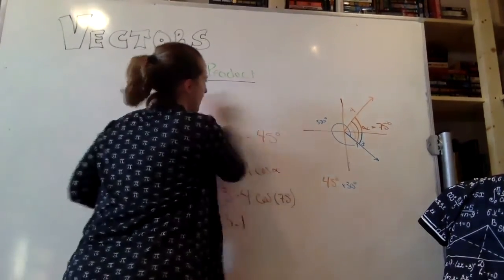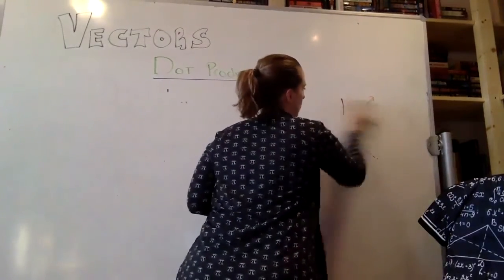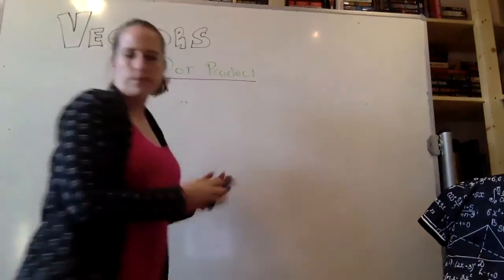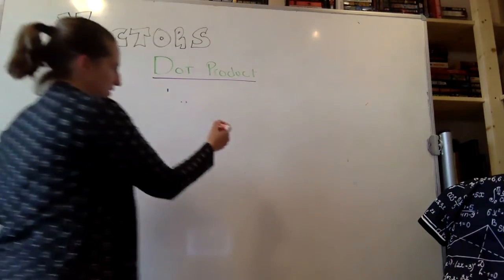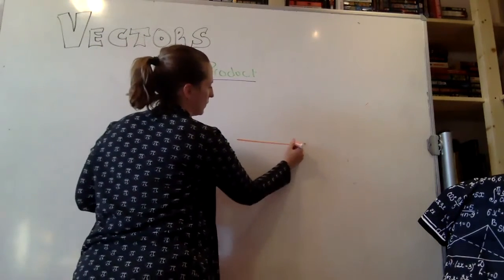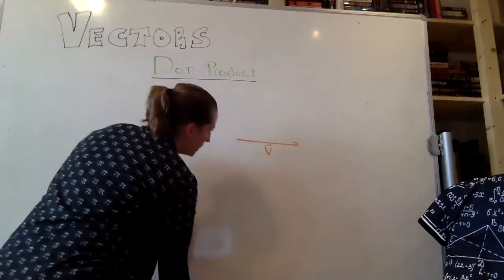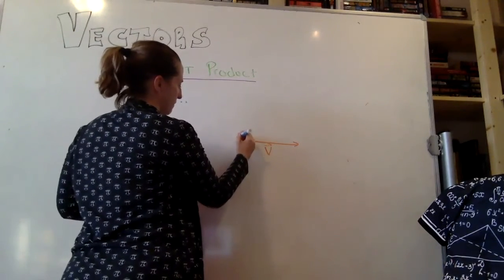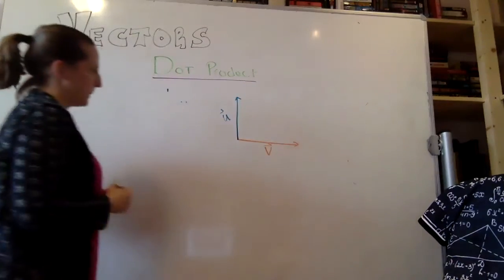Okay, I want to think about one picture here, just to help us see one fact about dot products that we are interested in, okay? I want to imagine that we had two vectors again, so some V and some U. And notice that I put these vectors so they are perpendicular to each other, okay?